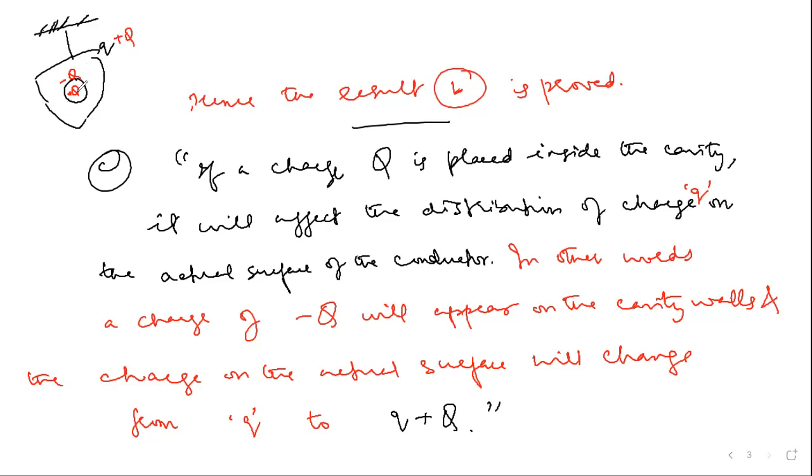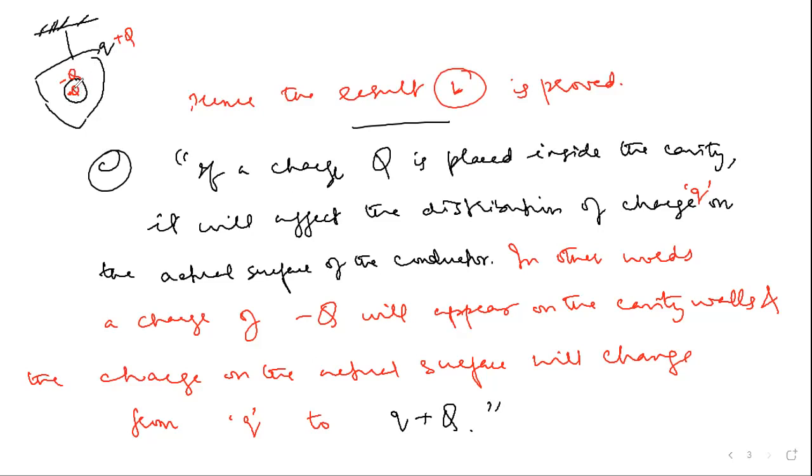Now how has it affected? When I place this Q charge, it will pull electrons from the actual surface to the cavity walls. The absence of those electrons will create positive charge equal to capital Q here, and on the cavity walls minus Q will appear, right?